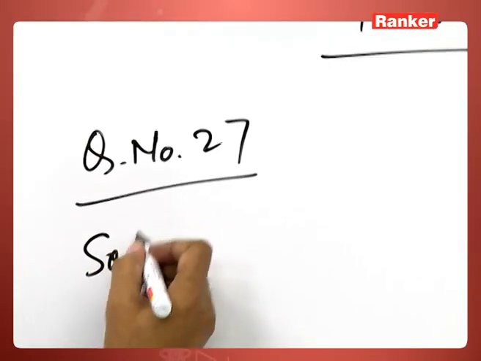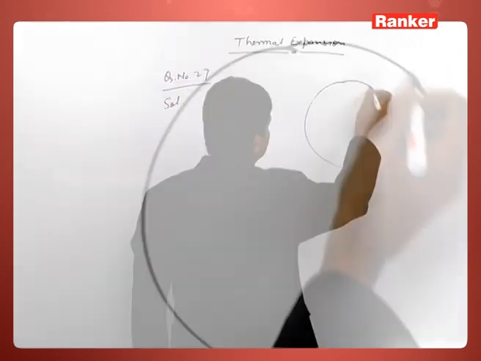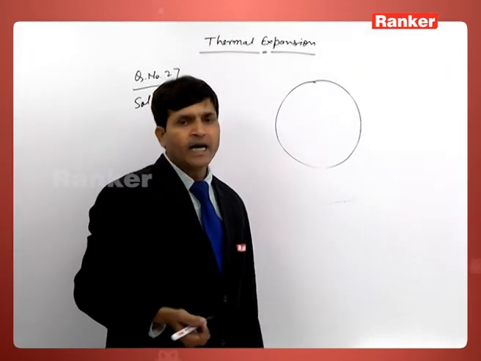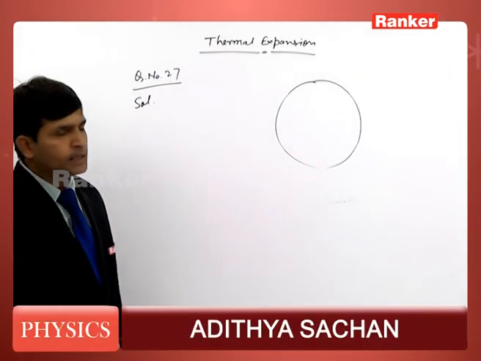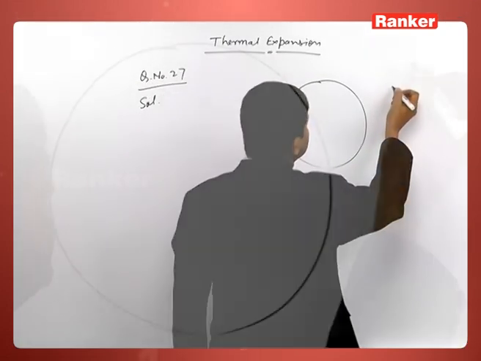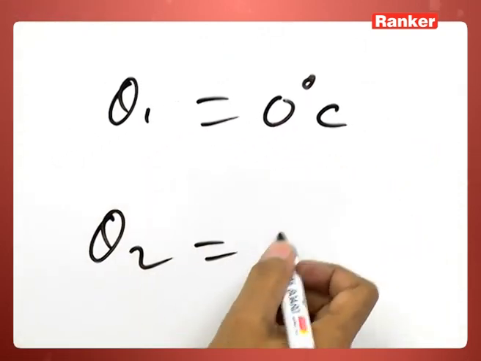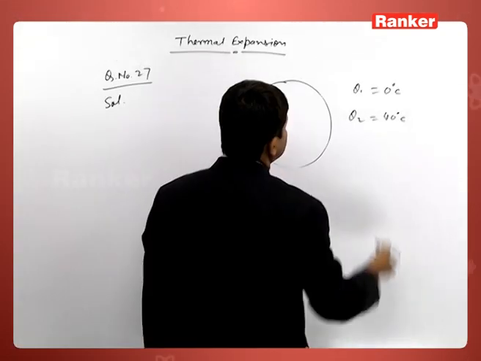In this question they are saying, let this be the sphere, and it has been heated from 0 to 40 degrees Celsius. It means the initial temperature was 0 degrees Celsius and it was heated to 40 degrees Celsius.